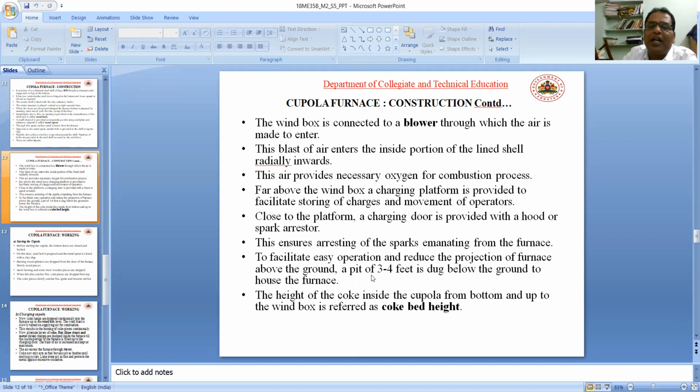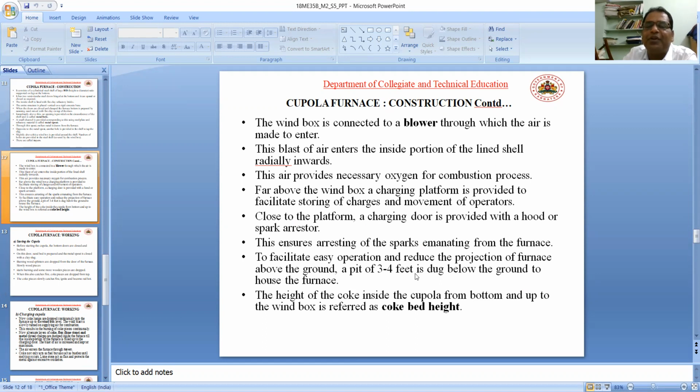Close to the platform, a charging door is provided with a hood or spark arrestor. This ensures arresting of sparks emanating from the furnace. This facilitates easy operation and reduces projection of the furnace above the ground.